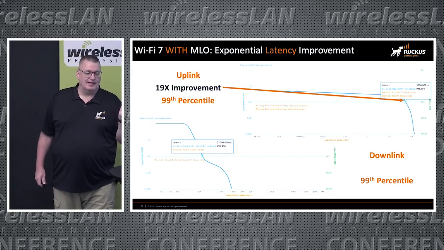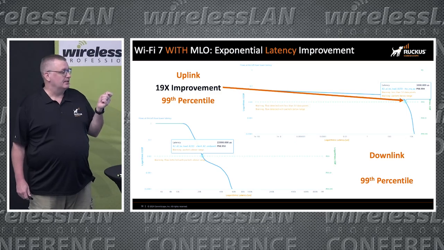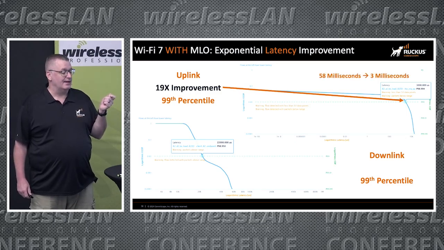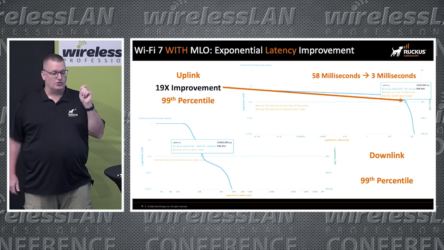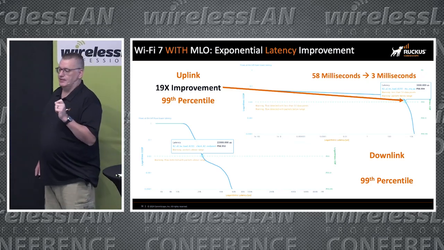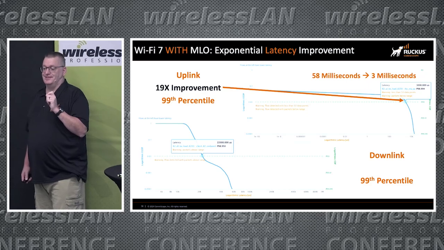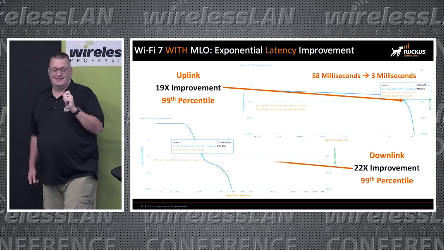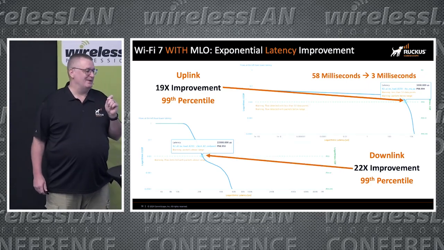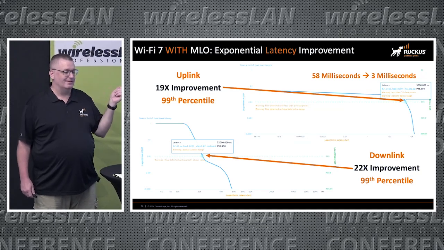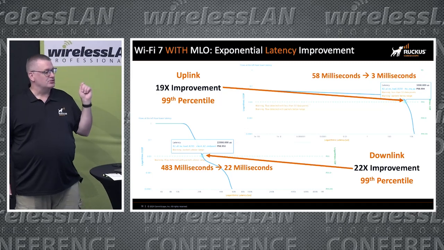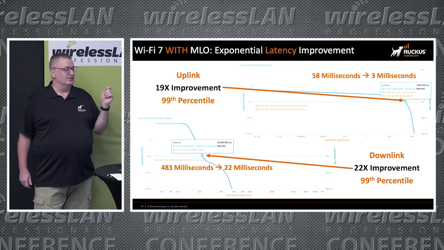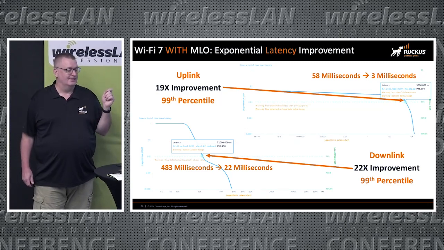So when we turn MLO on, that 99th percentile where we're still measuring changes. We have a 19 times improvement in the uplink at the 99th percentile. That means we went from 58 milliseconds of latency to 3 milliseconds of latency. That's pretty good. But the downlink was even better. Now remember, that was 483 milliseconds. It went to 22 milliseconds of latency.